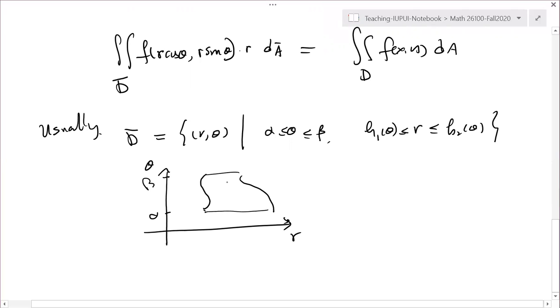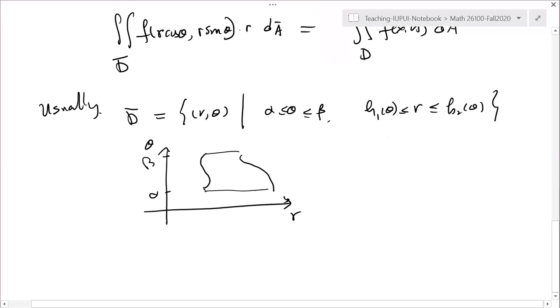If we get a domain like that, how do you evaluate the double integral? You take an arbitrary theta and look at the horizontal line.